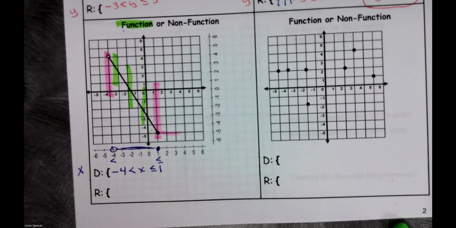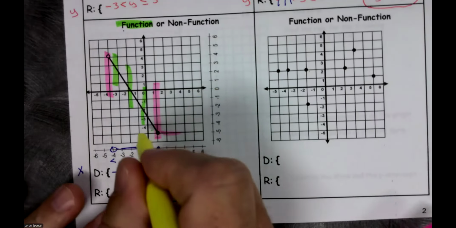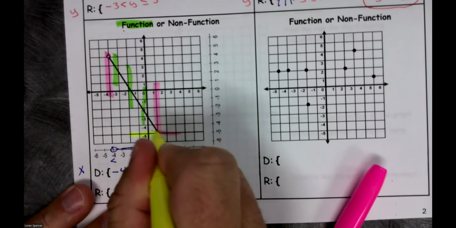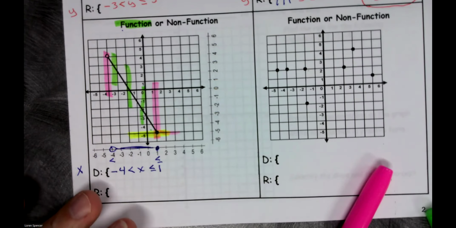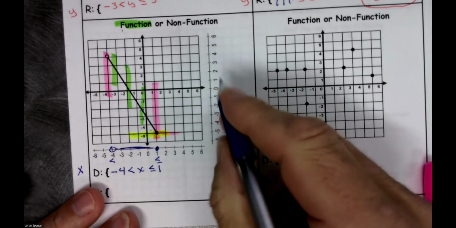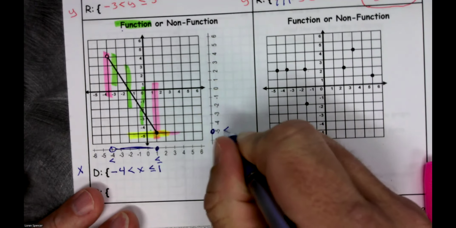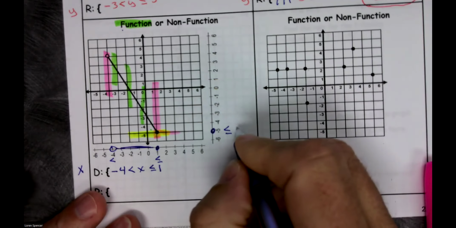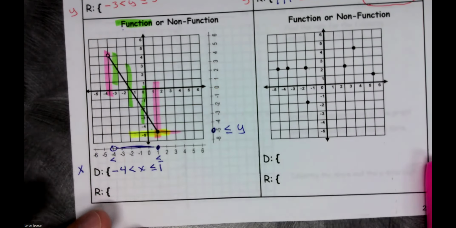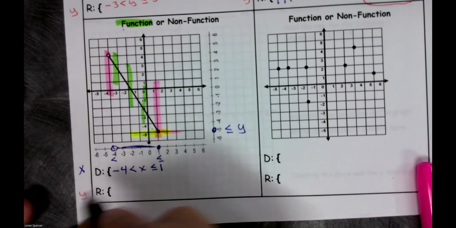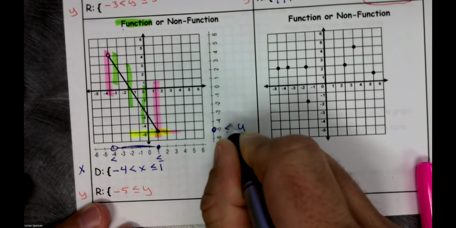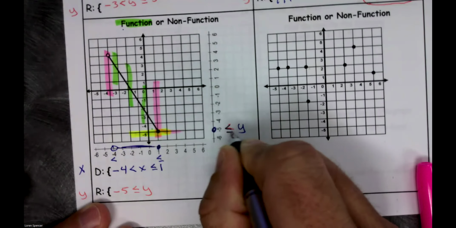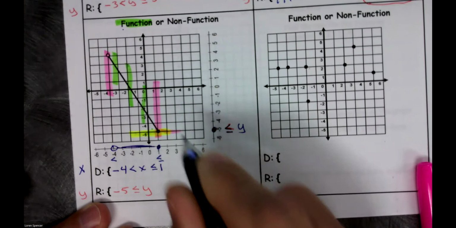Our range, we begin with the lowest value drawing to the y-axis. When we draw to the y-axis, our lowest value happens to be -5, and it's a solid, so it gets a less than or equal to. I should be doing this in red. So this is our y-axis. So this is -5 less than or equal to y because we have this solid here, because it's a solid dot.